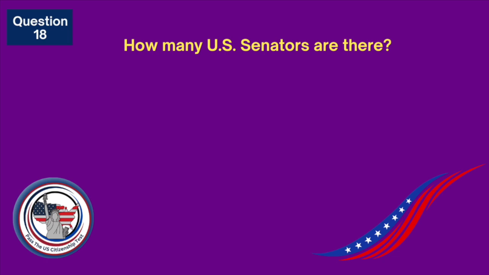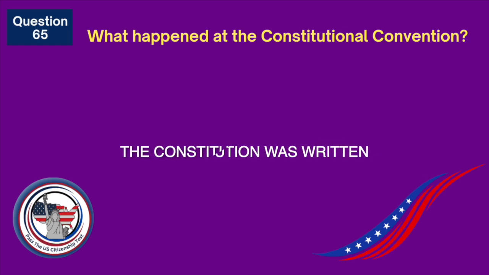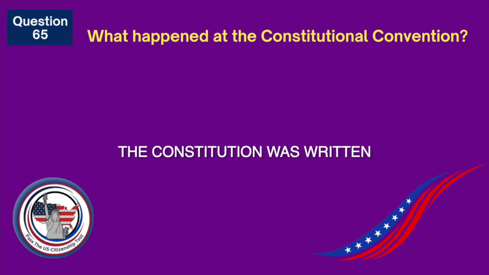How many U.S. senators are there? 100. What happened at the Constitutional Convention? The Constitution was written.